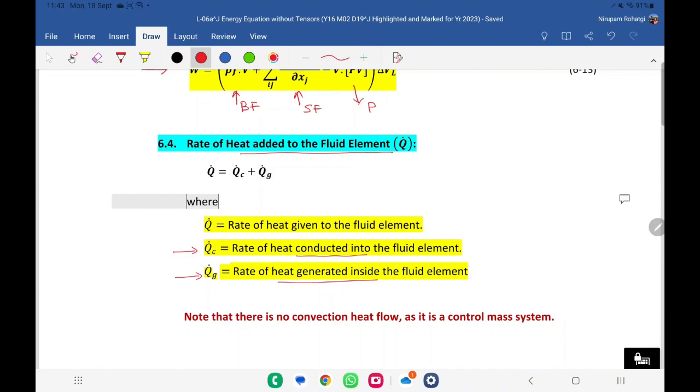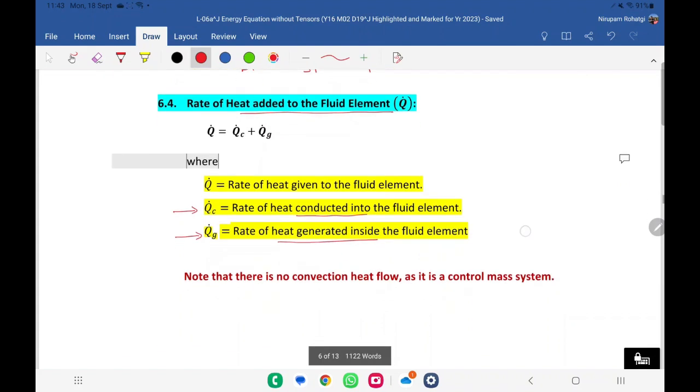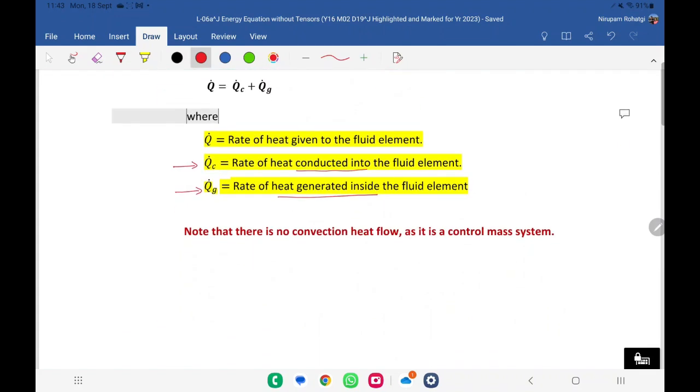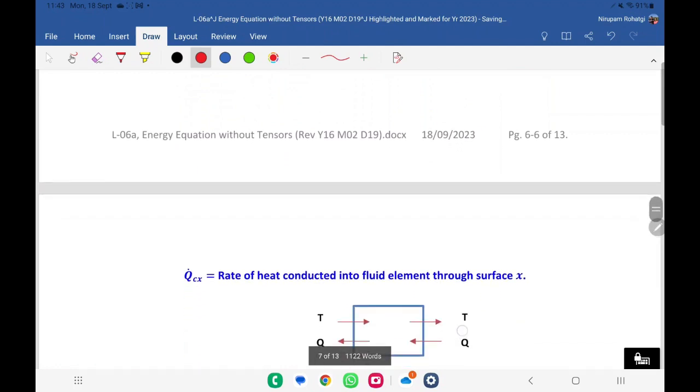Even if you have fixed, impervious boundaries, diffusion will take place, because you are not allowing mass to go in, but energy can flow in and out. So again I am highlighting here, there is no convection heat flow, as it is a controlled mass system. We are not talking about convection heat flow.